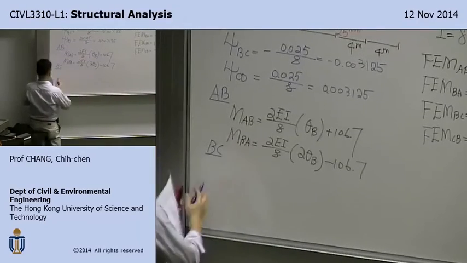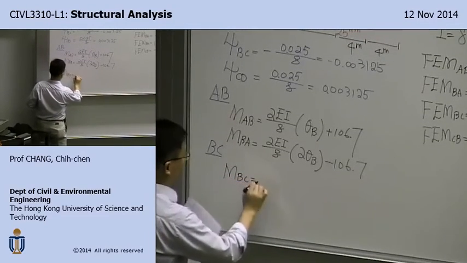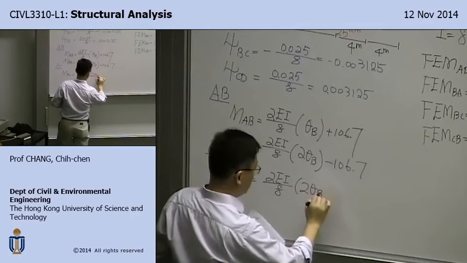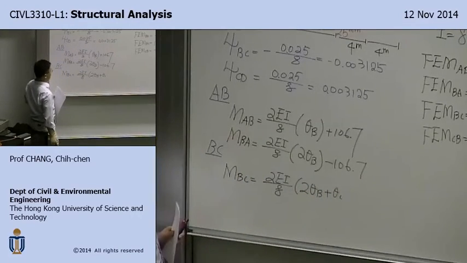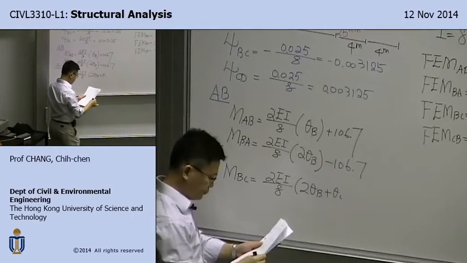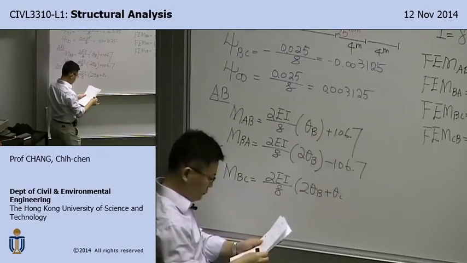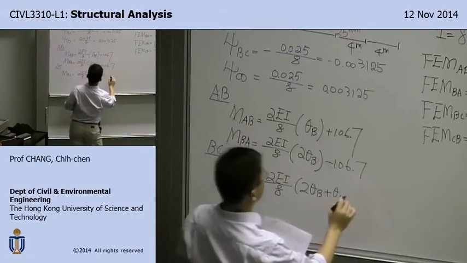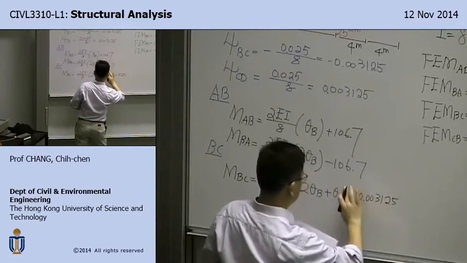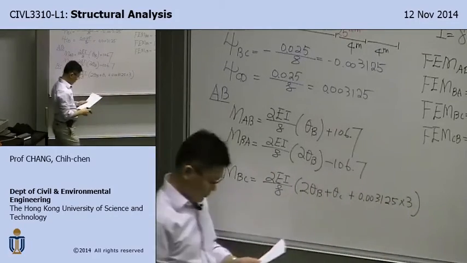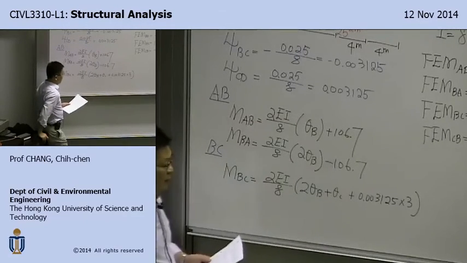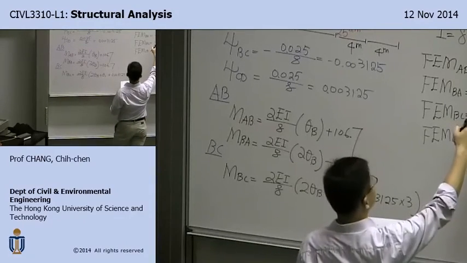So MBC is 2EI over L, 2 theta B, 1 theta C, minus 3 times rigid body rotation. So it's plus the fixed end moment BC.